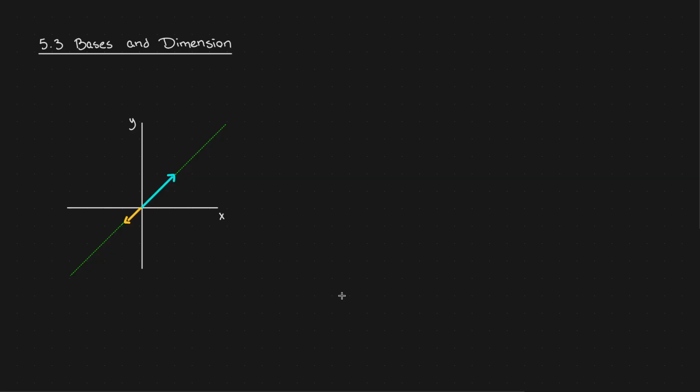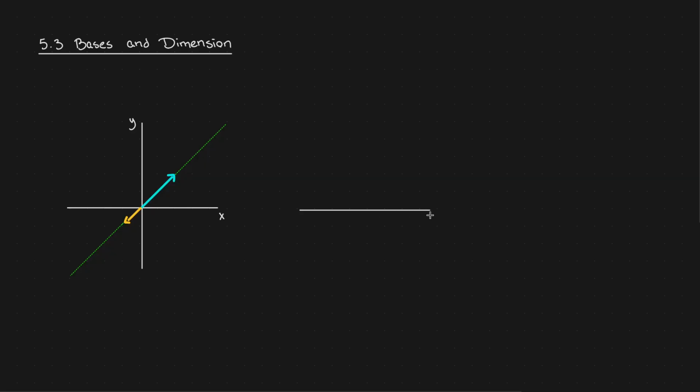But notice, are both vectors really necessary for this? Well, no. If I take one out, it would still span the line, right? So this isn't a basis. In other words, these two vectors are not a basis for this line, right? This vector space.